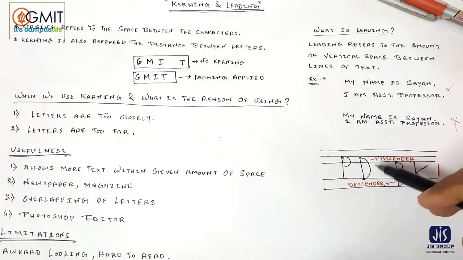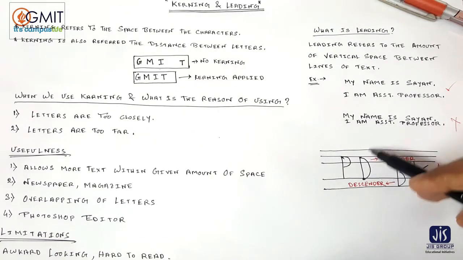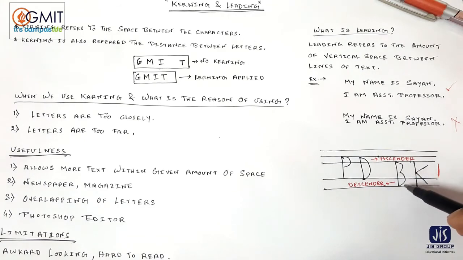Clear? So if your letters go upward to the upper portion of the baseline, then this is called ascender. And if the down parts of your letters or characters go downwards of the baseline, then this is called descender. That's it.